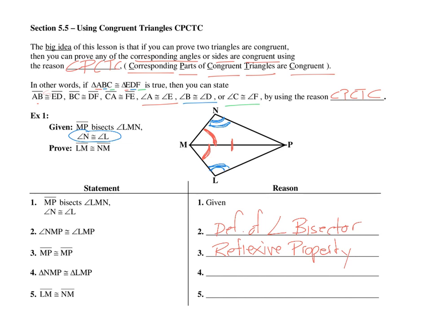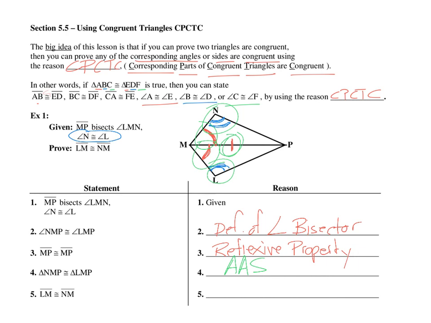Well, in the previous lesson, you learned your shortcuts. So look at your yellow sheet. And what would we use here? It would be angle, angle, side. All right, so it's AAS. And now that I know the triangles are congruent, then I can make any statement I want with regards to the corresponding sides or the corresponding angles to those triangles.